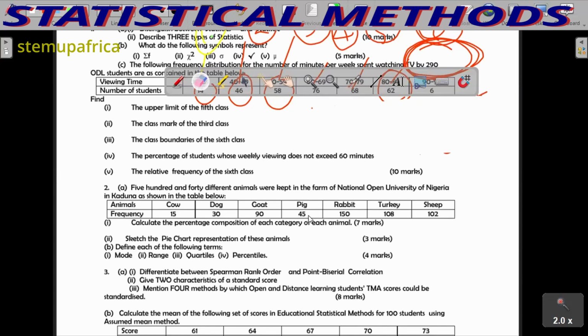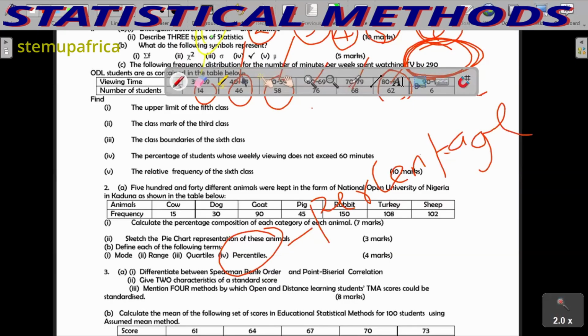Then percentile is taken from the word percentage, so this time we are dividing a set of data by 100. And each of them is 1 mark, that is 4 marks. Question 3 says to differentiate between Spearman rank order and point biserial correlation. All these things are in the textbook, so you can look up those definitions.